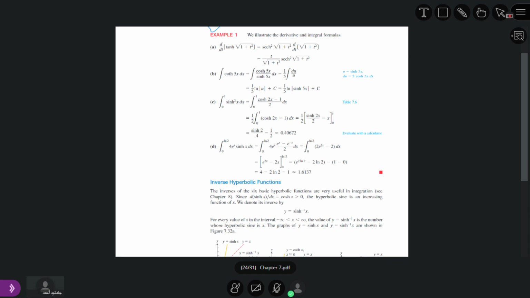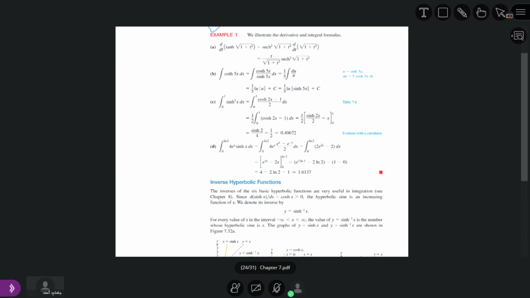But if we have a change in the angle, suppose we have tan hyperbolic 2x, that will become sec hyperbolic squared 2x dot derivative of 2x. What is derivative of 2x? It is equal to 2.